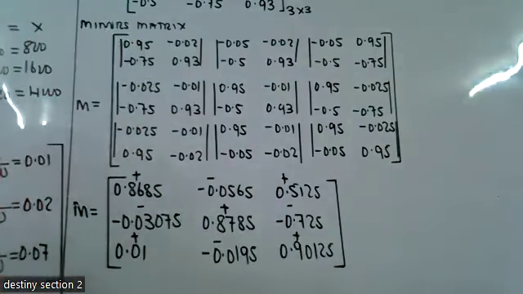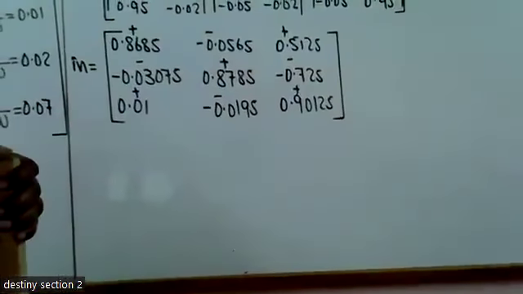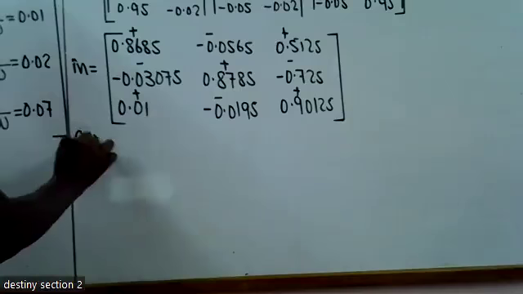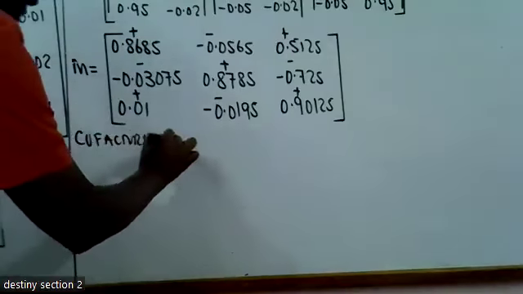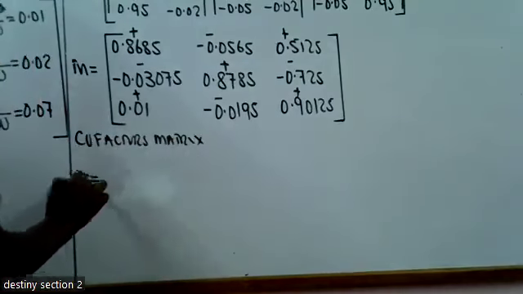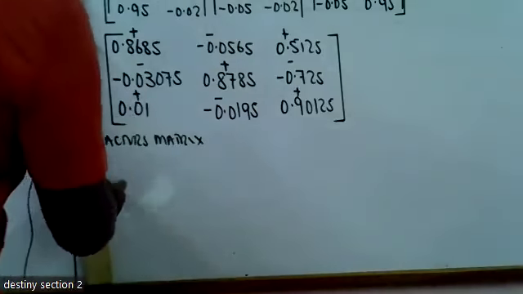So that when you have done that, what you get, tulisema inaitwa cofactors matrix. Cofactors matrix C.